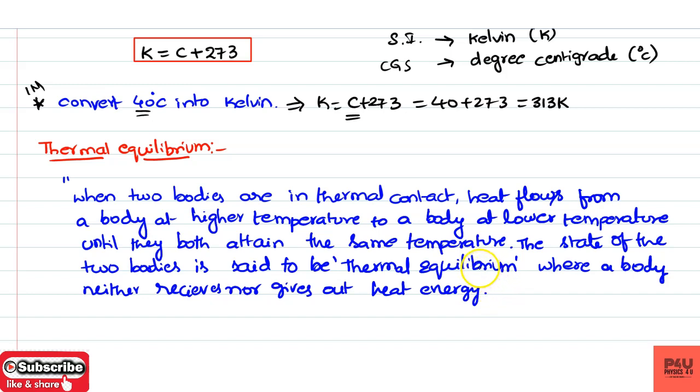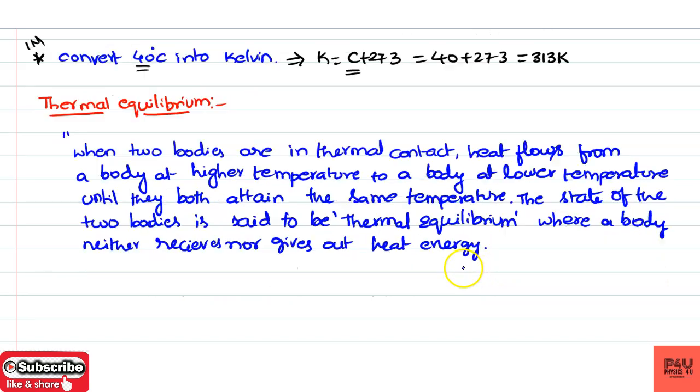In this thermal equilibrium position, the name itself says equilibrium. Equilibrium means properties are the same. That means both bodies have the same temperature. Suppose you consider this is one body, this is another body. Both are in thermal contact, for example.